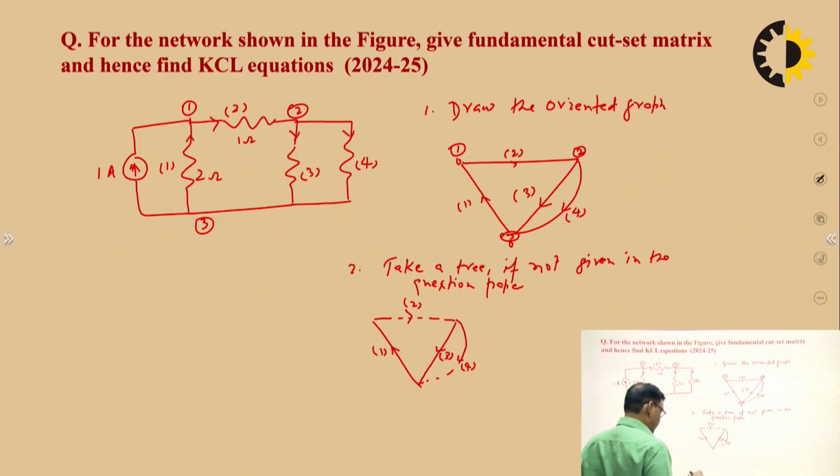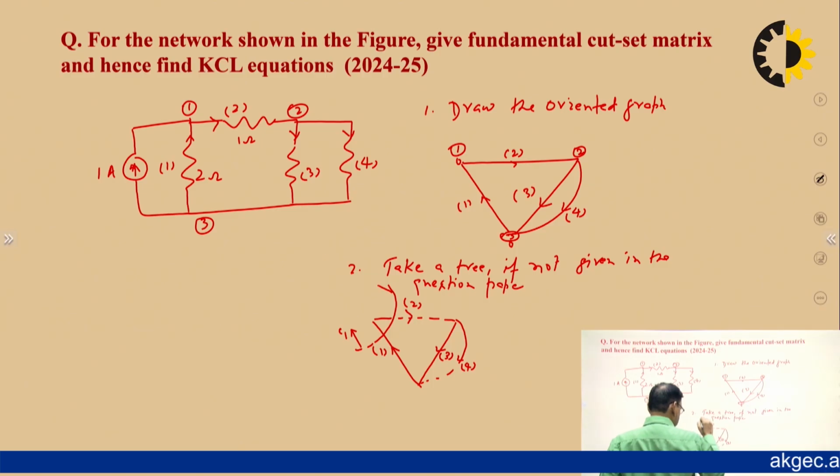Now there are 2 twigs. So the fundamental cut sets will be 2. One cut set will be like this, this is your C1, and another one will be like this. The necessary condition is 1 twig and the remaining links.